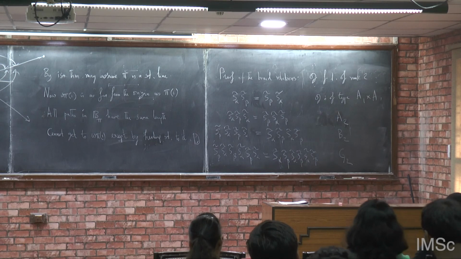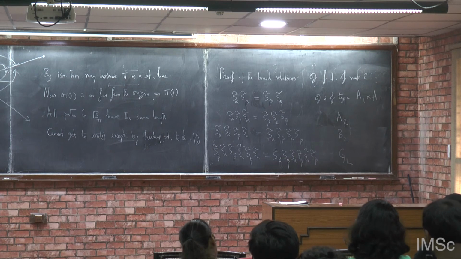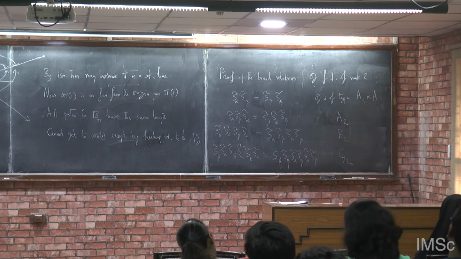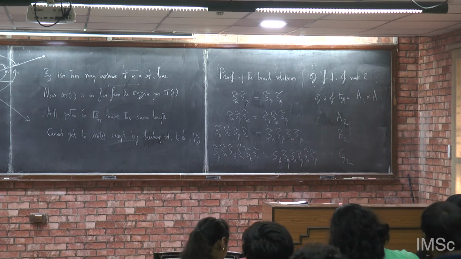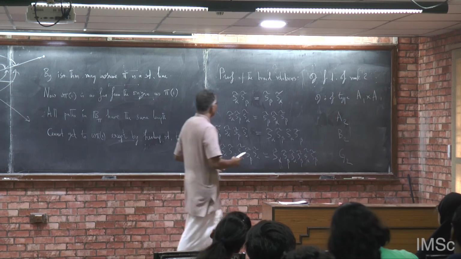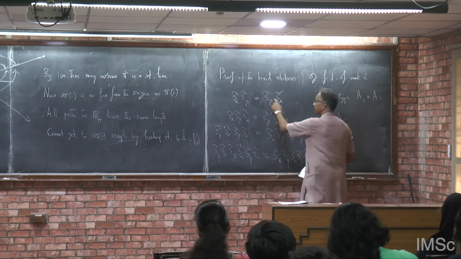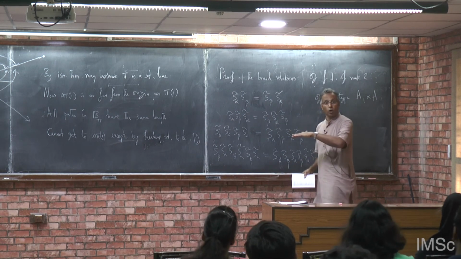Okay, we may assume pi 1 is dominant. Why may I assume pi 1 is dominant? Suppose I want to check this and my pi is not dominant.